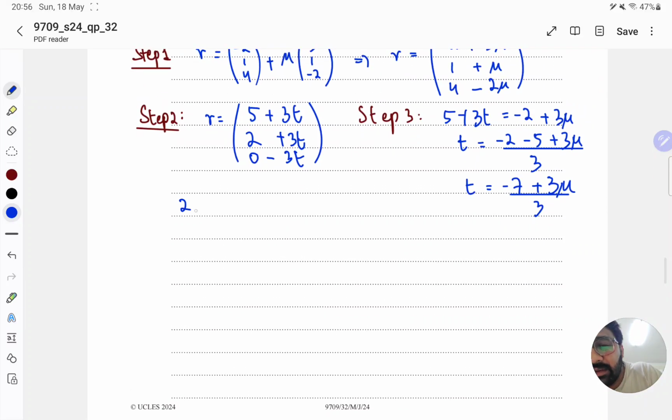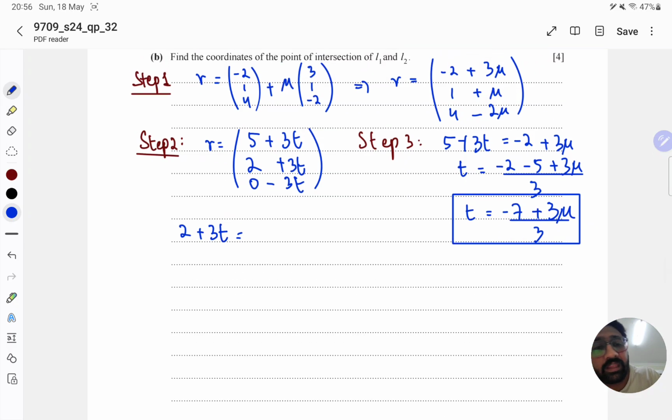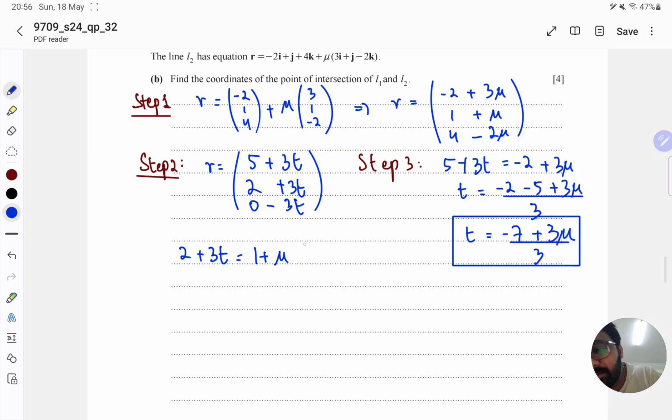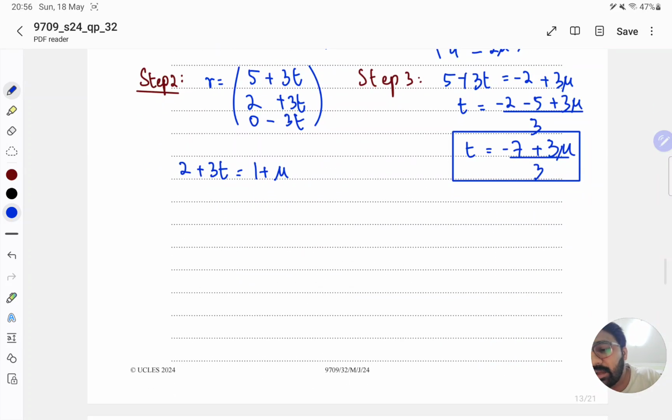After that, the second one is 2 + 3t is equal to 1 + mu. If I make t the subject, it will be (1 - 2 + mu) divided by 3. So t will be equal to (-1 + mu) divided by 3.